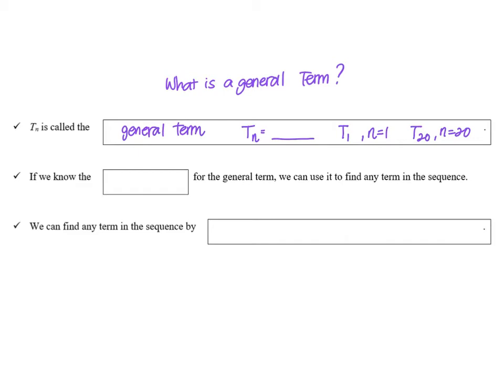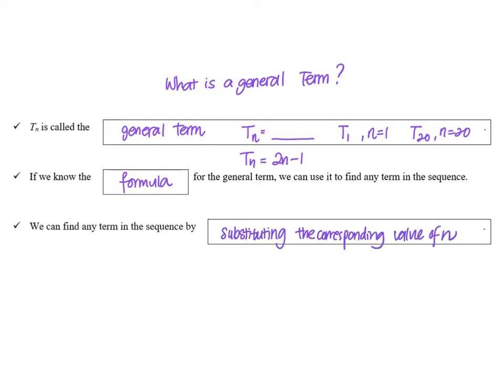Now, if we know the formula for the general term, we can use it to find any term in the sequence. For example, if the formula for Tn is, let's say, 2n minus 1, then we can find any term in the sequence by substituting the corresponding value of n.